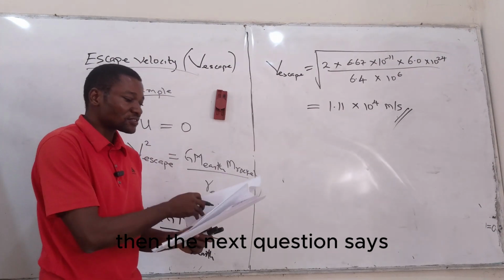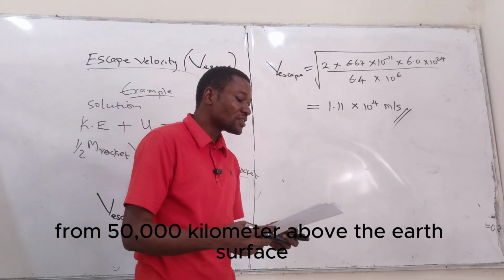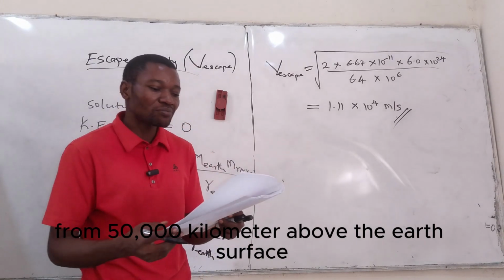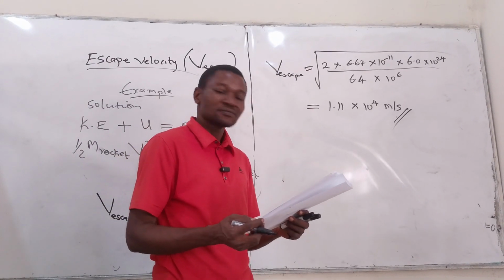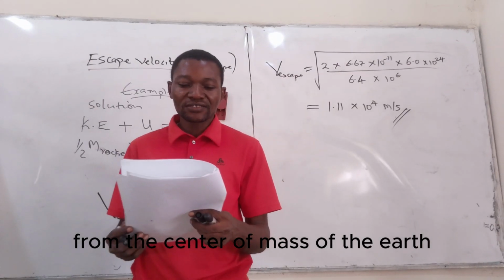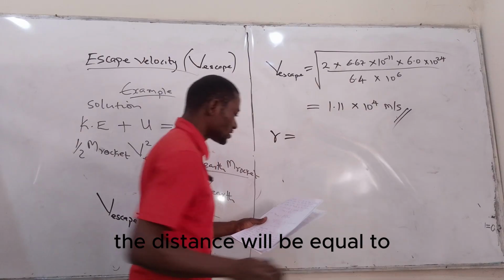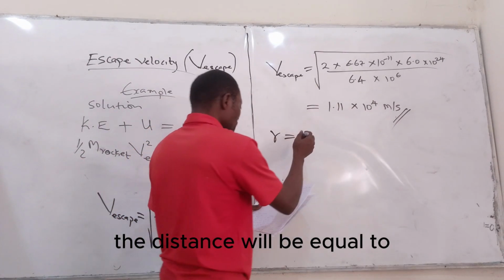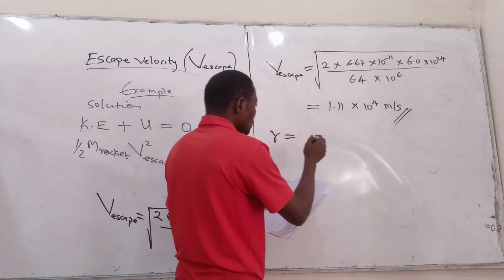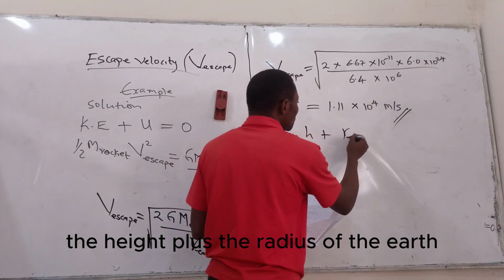Then the next question says, if the rocket were to be launched from 50,000 kilometers above the Earth's surface, the distance r from the center of mass of the Earth to that of the rocket will be equal to the height plus the radius of the Earth.